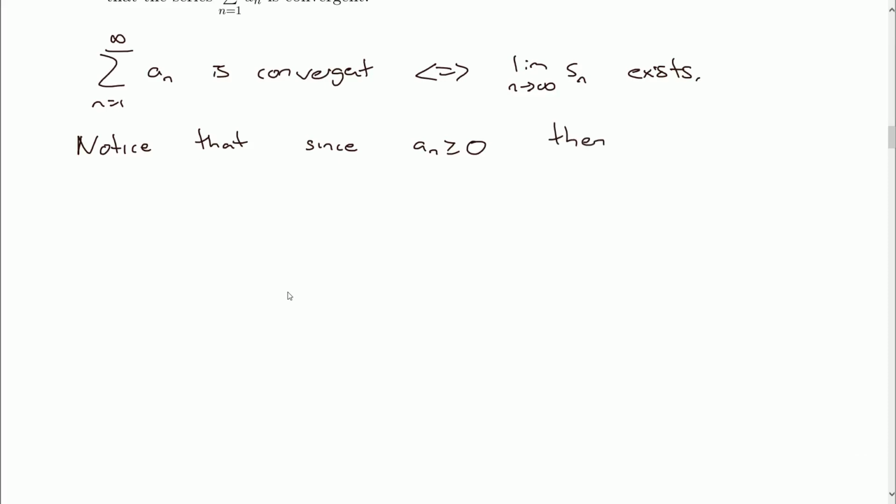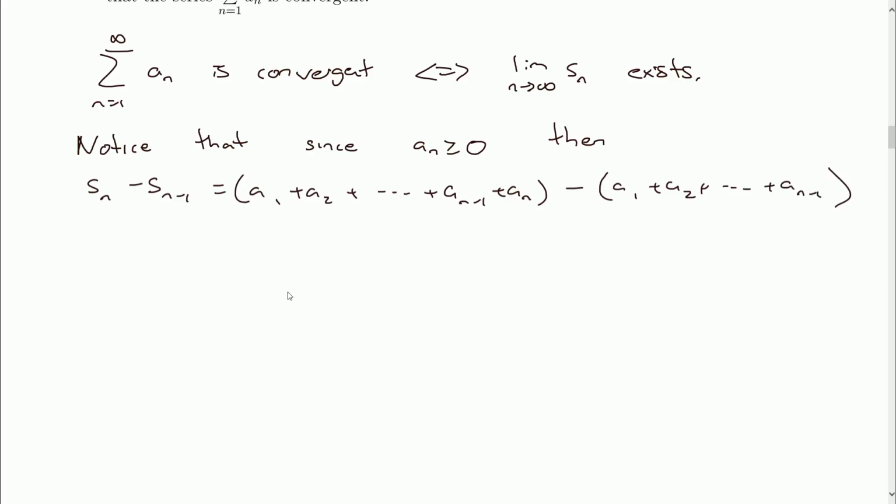Then Sn minus Sn minus 1, which is just a1 plus a2 plus all the way up to an minus 1 plus an, minus a1 plus a2 plus all the way up to an minus 1. But most of these are going to cancel, everything except an, and so this is going to be greater than or equal to 0.